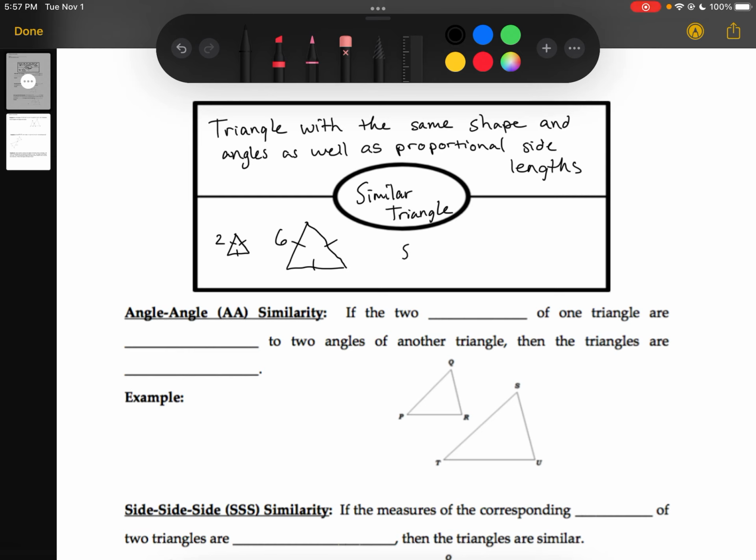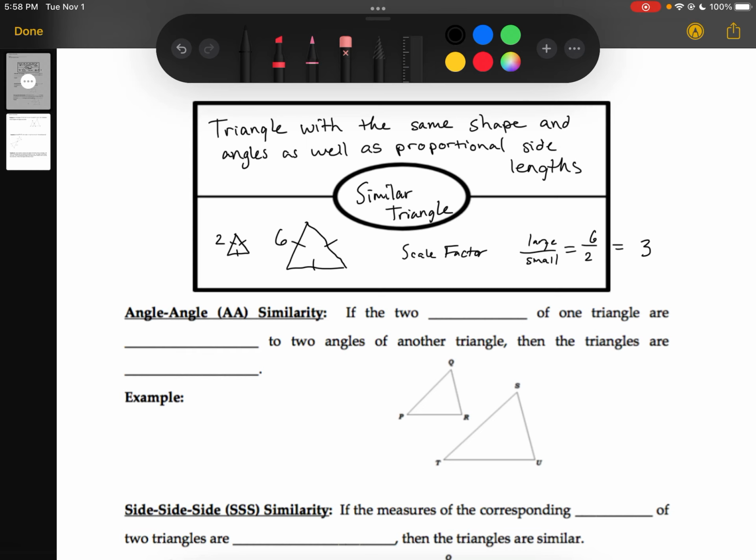To get our scale factor, we would just take our big side divided by our small side, and that would solve for our scale factor. In this case, our large triangle is 6, our small triangle is 2, so you get a scale factor of 3. All that scale factor is saying is that the triangles are similar and have the same angles. If we make the small triangle 3 times bigger, that's what a scale factor of 3 means, then we end up with the large triangle that we see.